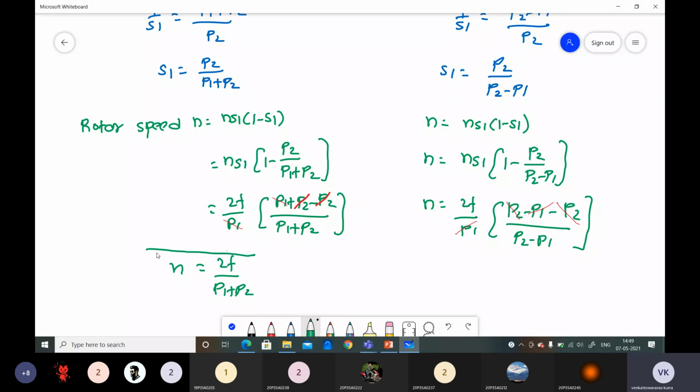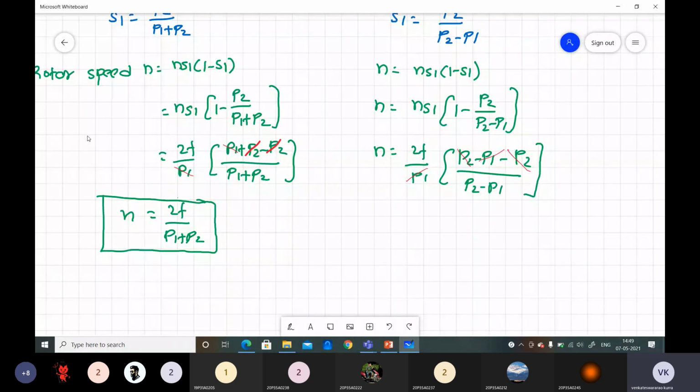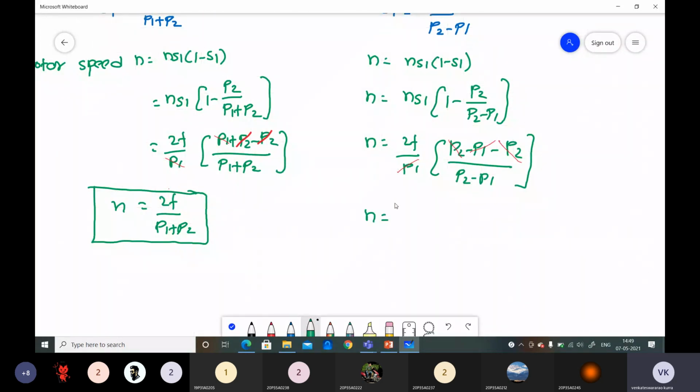This is n. Next, in this case, 2f, here minus p1 in the numerator and we have minus 1 because p2 minus p2 is 0.